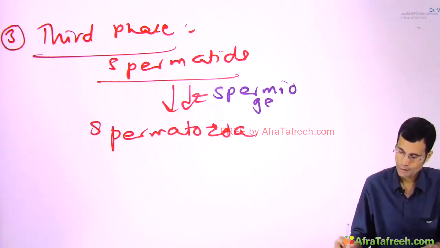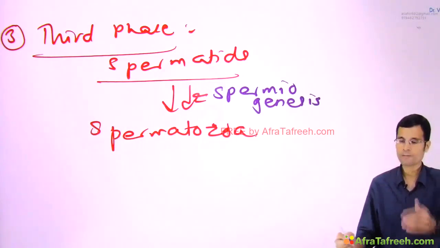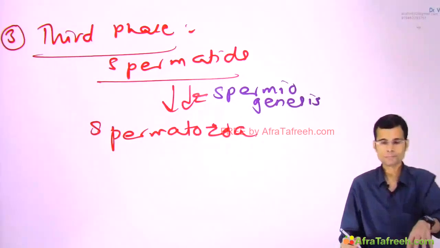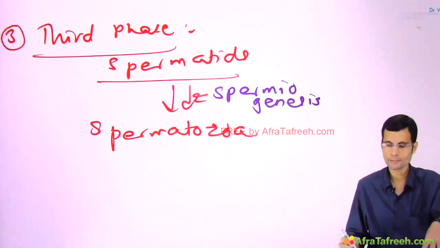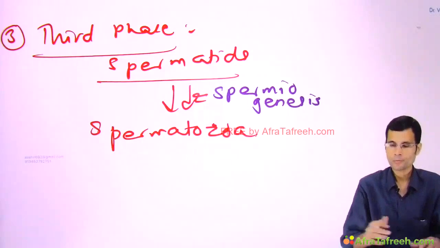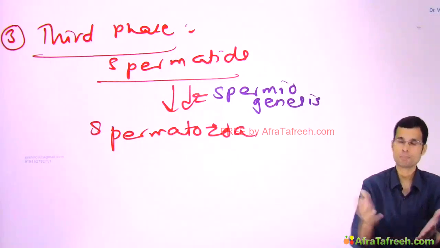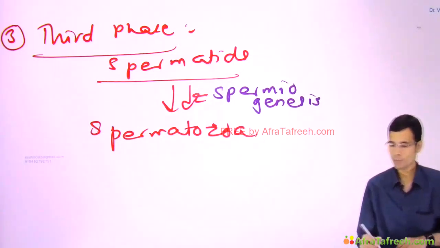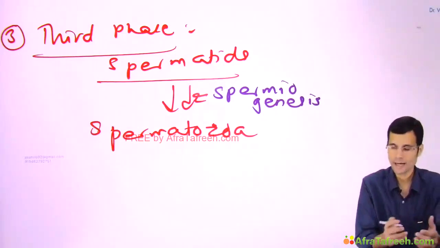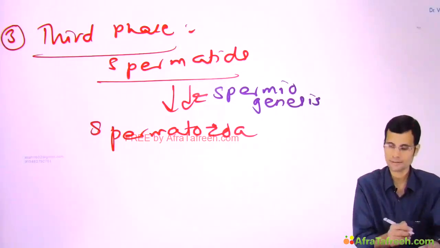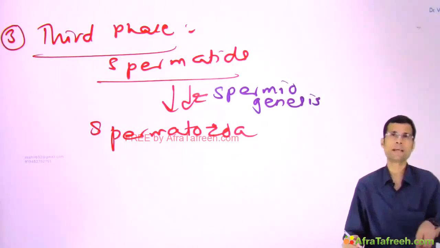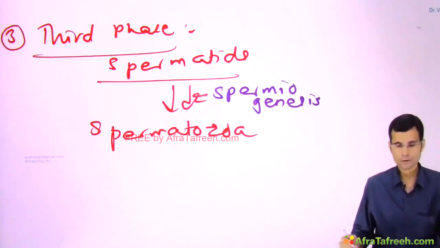So these are the three phases or stages during spermatogenesis, and mitosis and meiosis both require cyclins and cyclin-dependent kinases. They are the essential mediators of mitosis and meiosis.